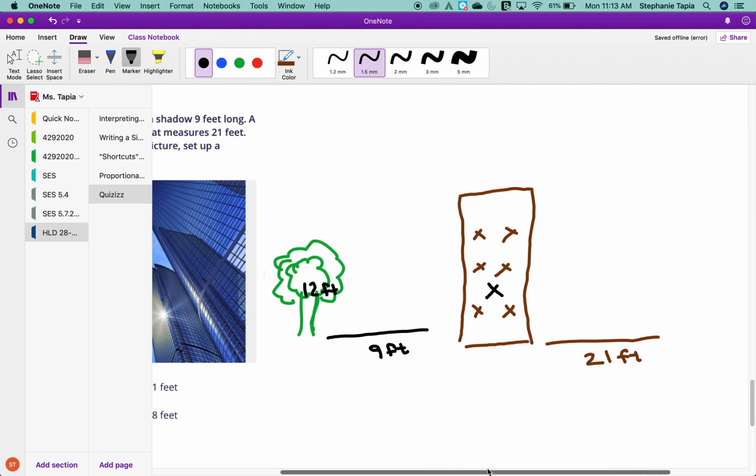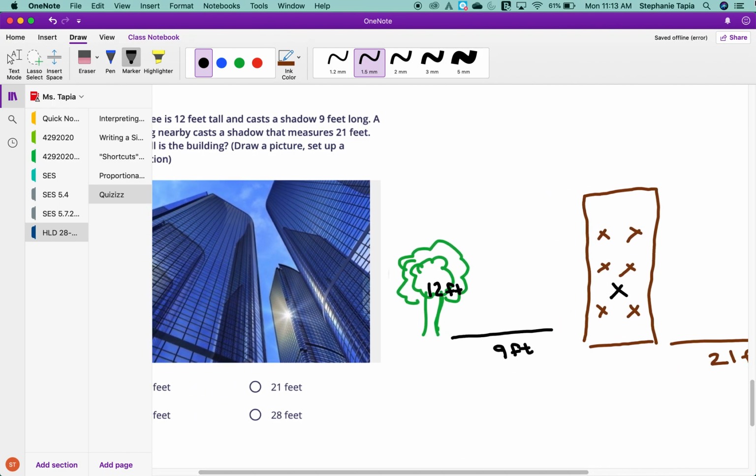Okay, so basically, all you want to do is set up your tree information to your building information in order to find the height.